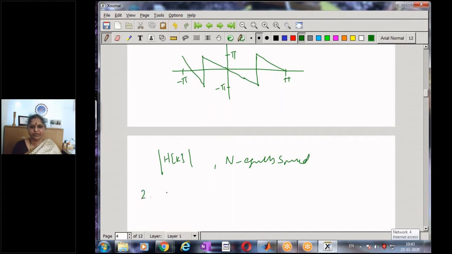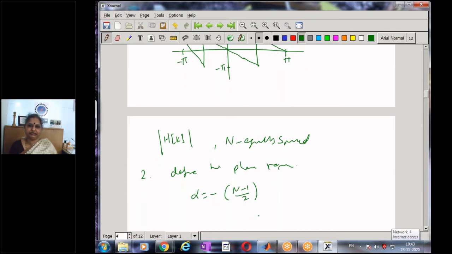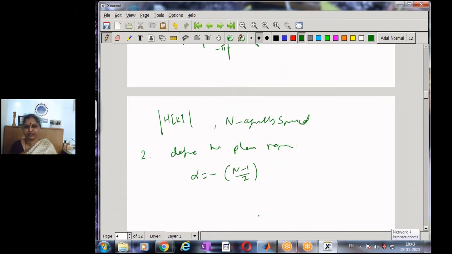The second step would be we forcefully define the phase response. And so we give the phase response a slope of minus (n minus 1) by 2. So we forcefully define the phase response, and once I do this, then my filter is going to be a linear phase filter.